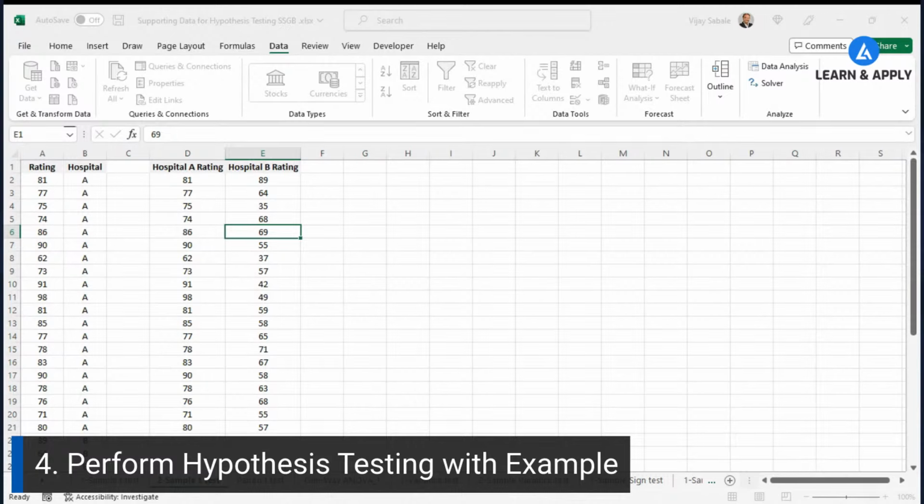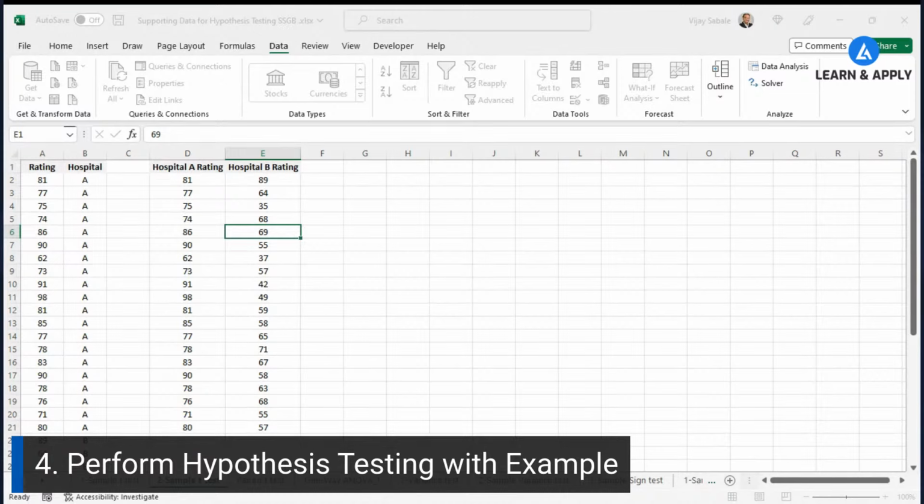Have you selected the labels? Yes, because we have selected from row number 1, so we can check this. See here, the alpha value by default is 0.05 because we are using 95% confidence. That's why the significance level here is 0.05. Okay, now let's go to the output options. We have multiple output options: output range in the same worksheet, another worksheet, or a new worksheet ply, right?